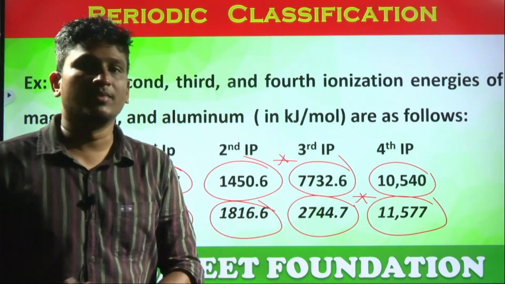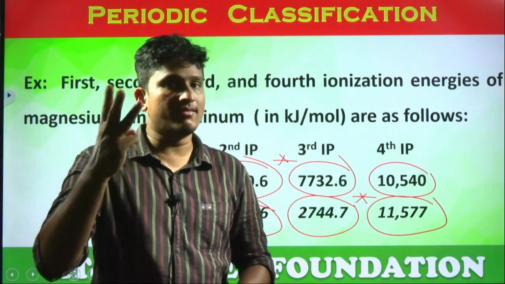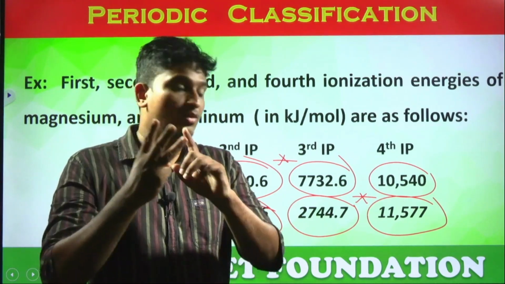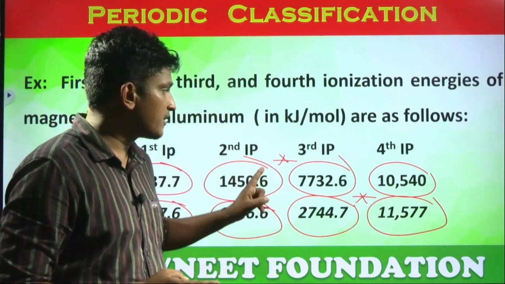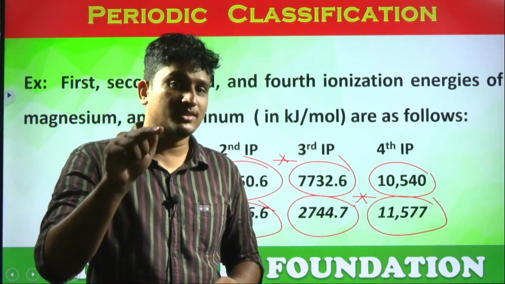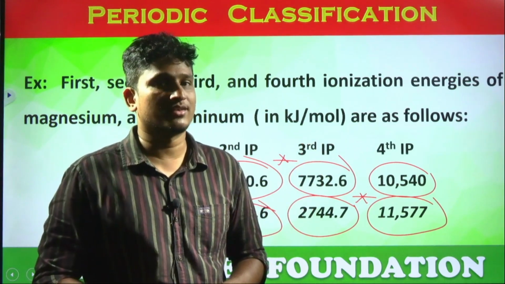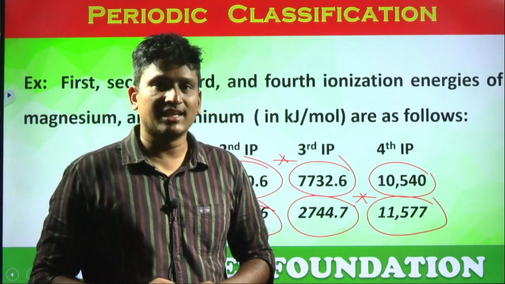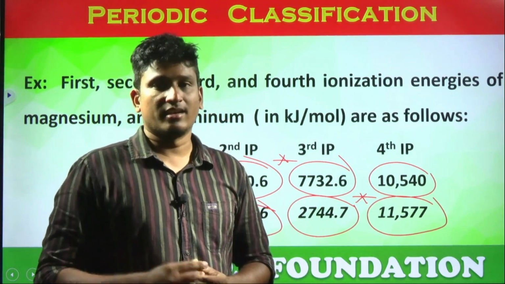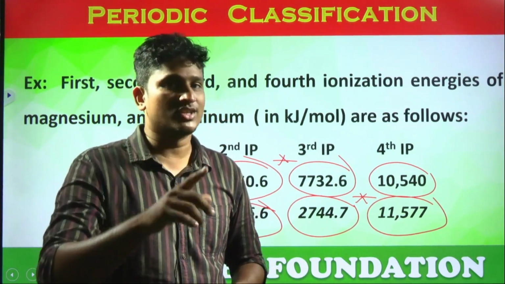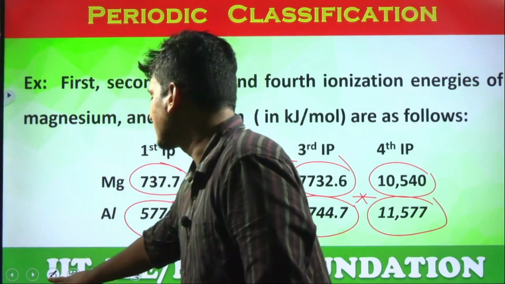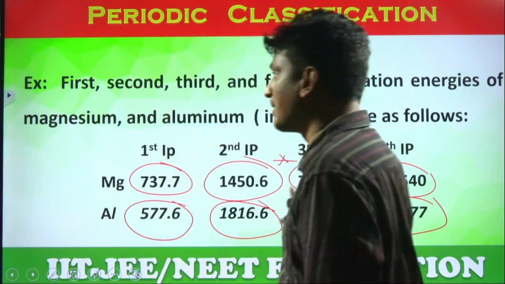Aluminium contains 3 valence electrons. If it loses 3 valence electrons, it achieves the noble gas configuration. To remove the fourth electron, does it lose electrons easily, students? No, it requires high energy. Got the clarity? That's why these jumps are expected. So different elements have different IP values.